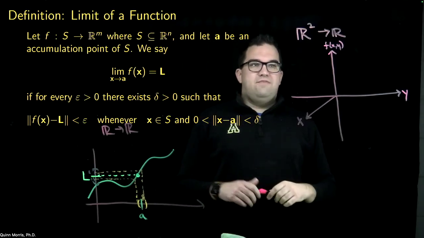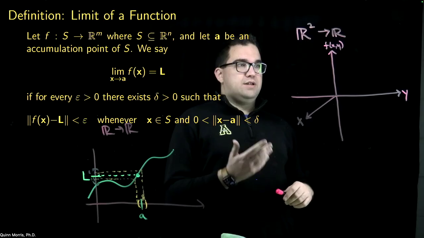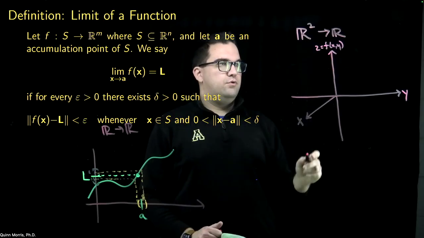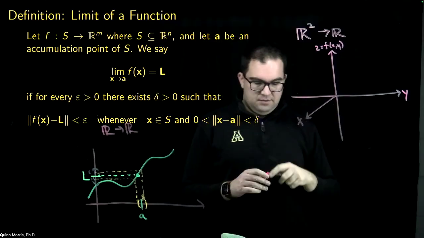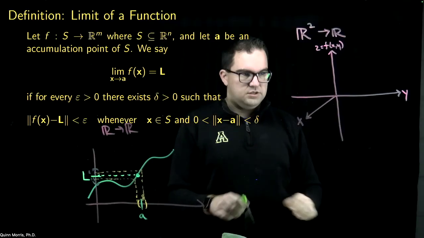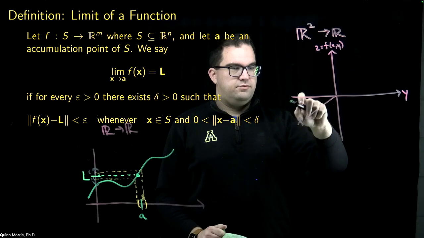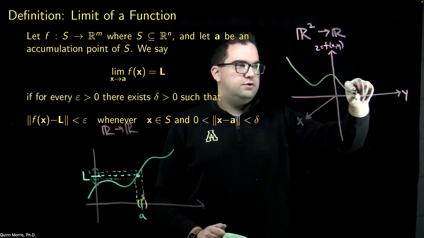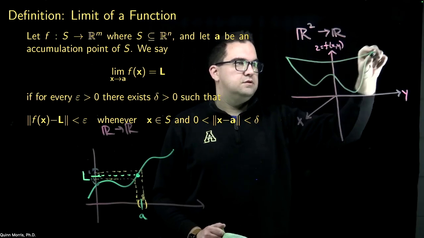So if I think about plotting a function f of xy, so really what I'm doing is I'm plotting, say, z is equal to f of xy, then I'm going to get some sort of surface. So let me just plot maybe a generic surface of some sort here. Maybe it does something like this.